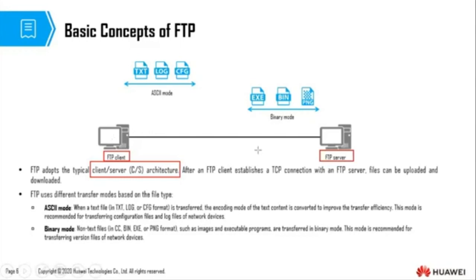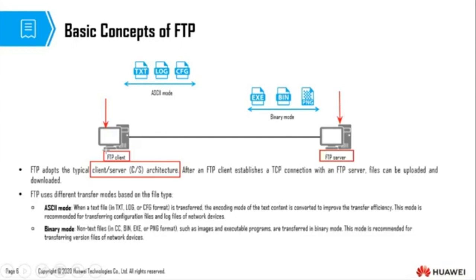A typical application scenario, for example, at MMU, we have a file server that hosts the common applications that our staff need. So when I go to a particular computer and I want to install, for example, an email system called Groupwise, I simply log into the FTP server, then I download the .exe file, then I install, then maybe I delete that particular file from the FTP client.